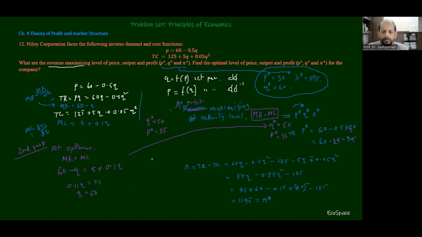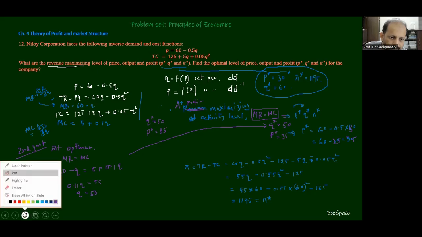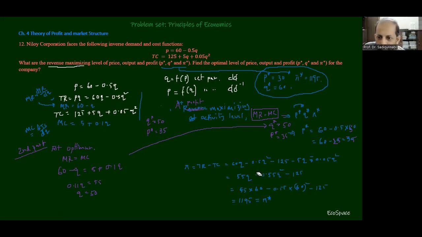Now we are going to find pi star. Here we can use this equation as well. Every time we see that 60, we can make it 50 and get pi star. So here we insert 50, and 50 squared.